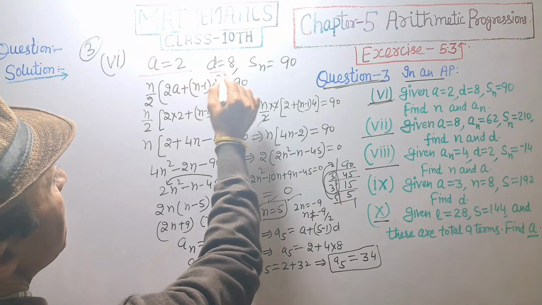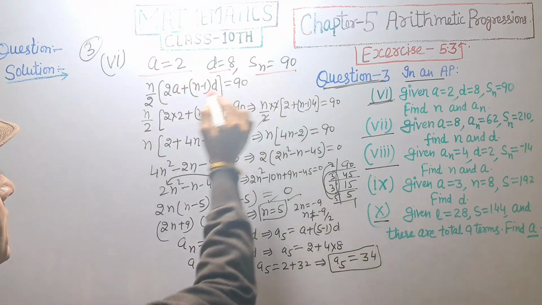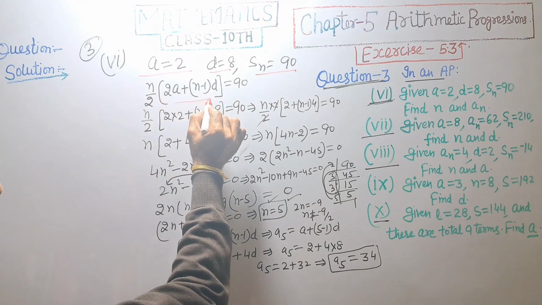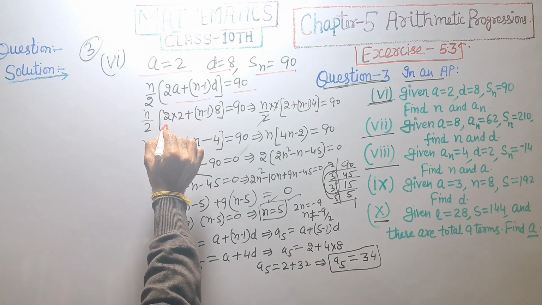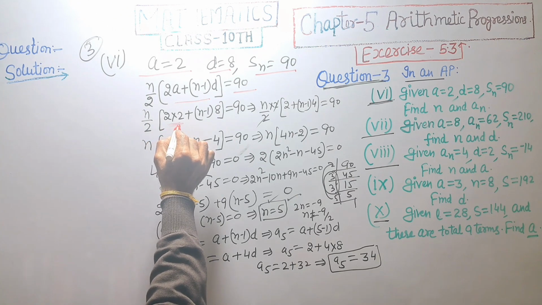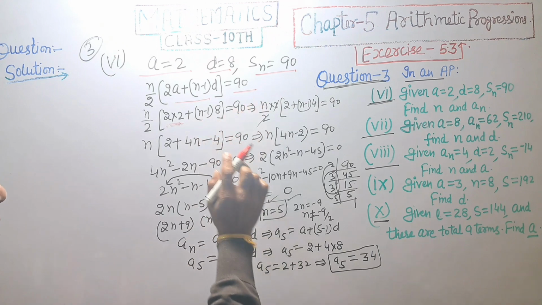n is equal to 5 and a5 is equal to 34. a is 2, d is 8, Sn is equal to 90 and Sn is equal to n upon 2, (2a plus (n minus 1) into d) is equal to 90. n by 2, 2a, 2 into a, 2, plus (n minus 1) into 8 equal to 90.